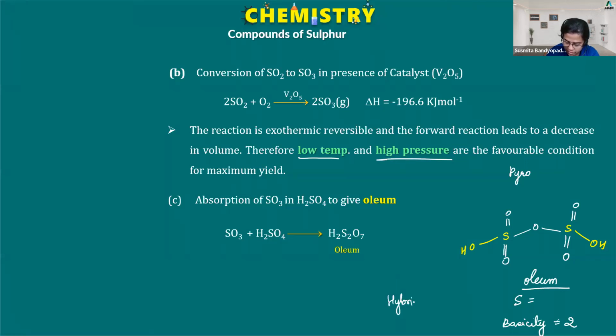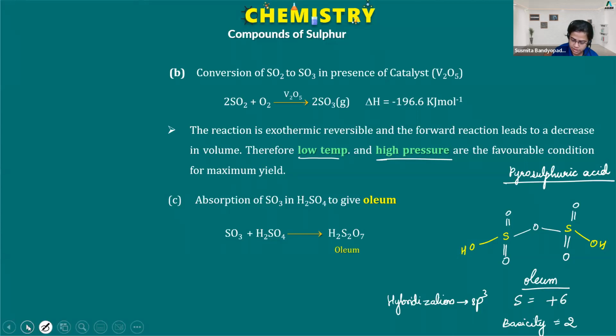I'll add. Hybridization sp3. Pyrosulfuric acid. sp3. Plus 6. Excellent. Oxidation number, basicity, hybridization, everything is correct. Name, pyrosulfuric, that's also correct. So many answers. Very good. Keep it up, students.